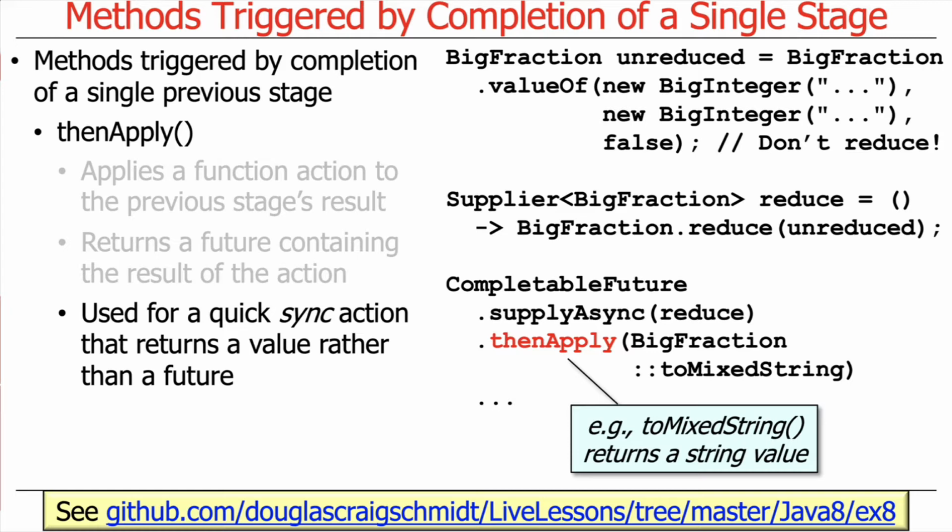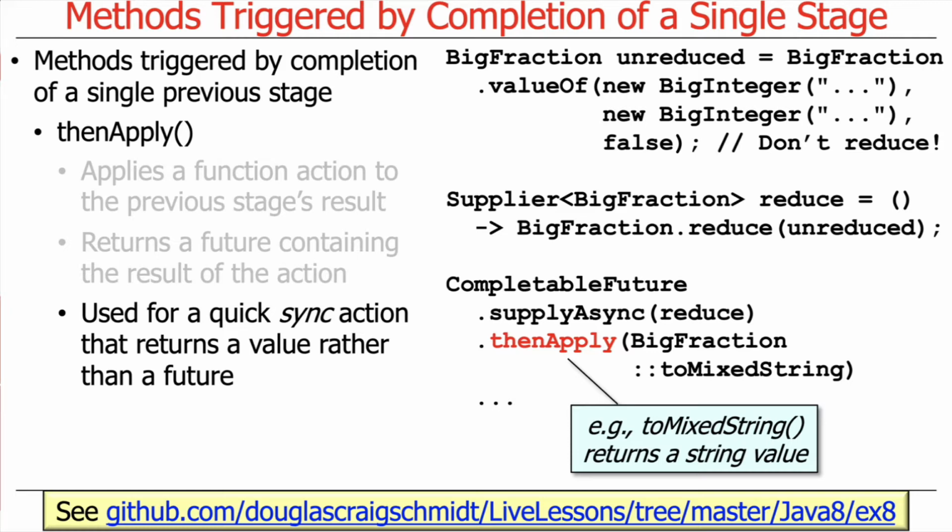So thenApply will convert the big fraction that is now reduced into a mixed string. That conversion is very fast. It takes a while to reduce a big fraction, which is why we ran it asynchronously with supplyAsync, but converting the big fraction into a mixed string is very quick.